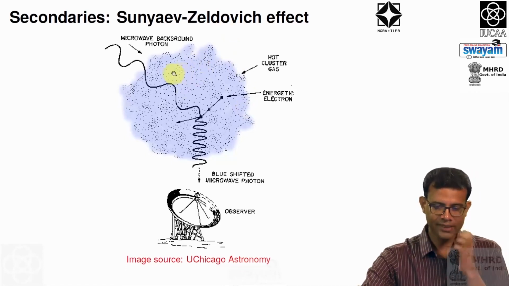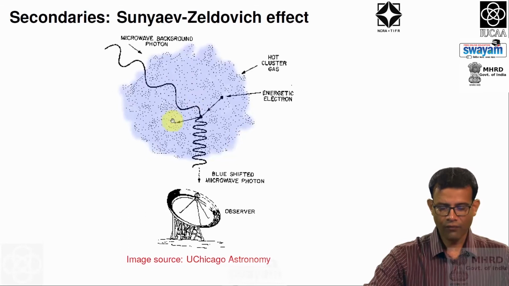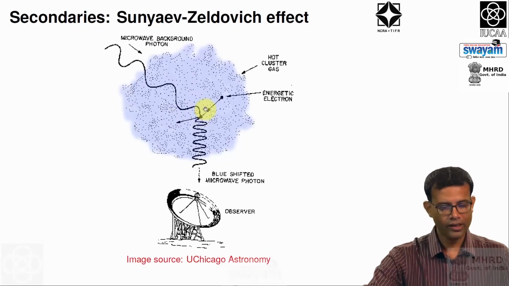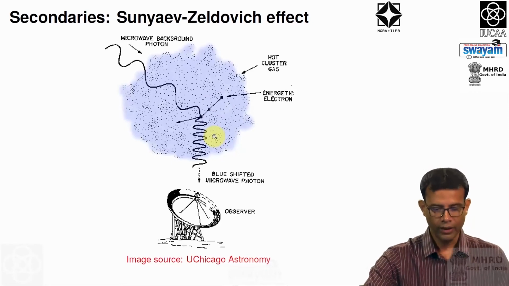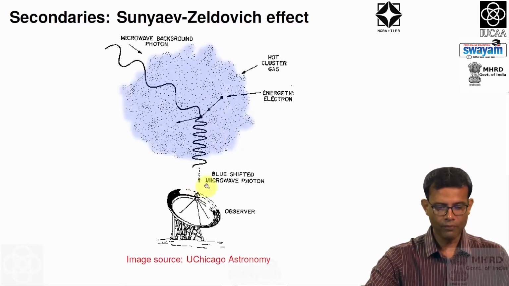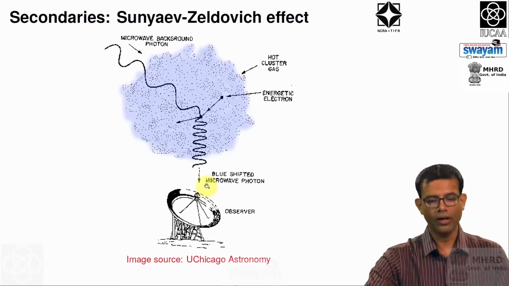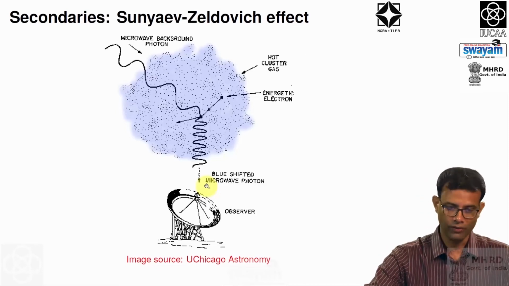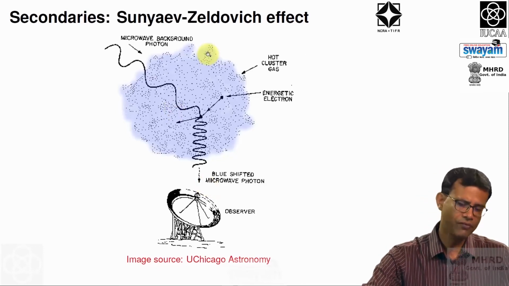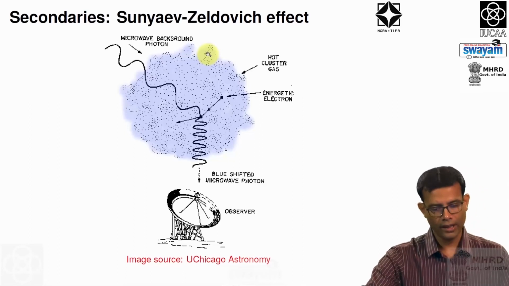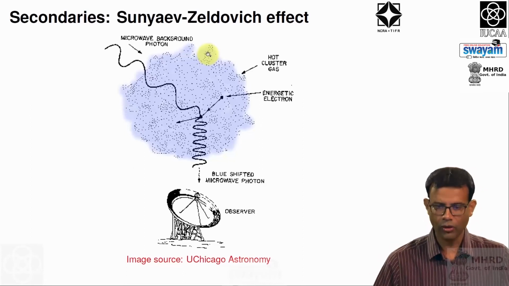This hot gas has energetic electrons, and if the photons scatter off these energetic electrons, they may be gaining energy. Okay. So, they get blue shifted, and then when we observe them, we will observe a distorted view of the CMBR universe. This is known as the Sunyaev-Zeldovich effect. There are more details related to the Sunyaev-Zeldovich effect which I am not going into.